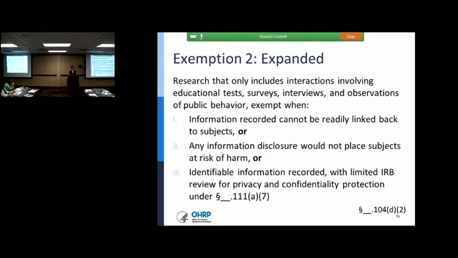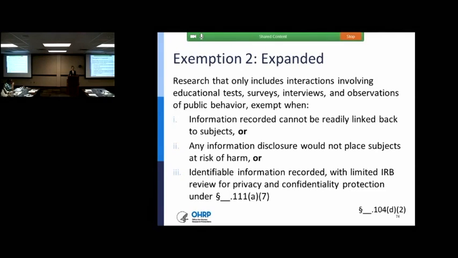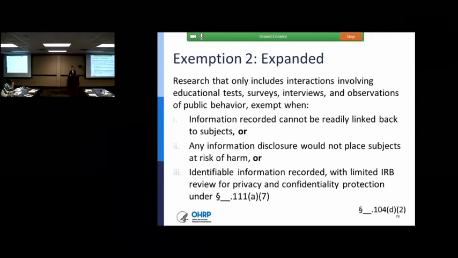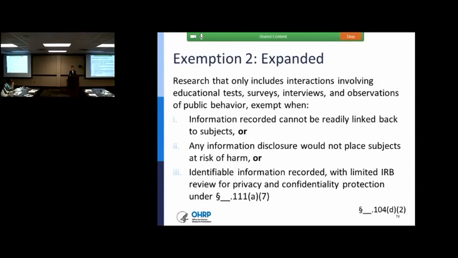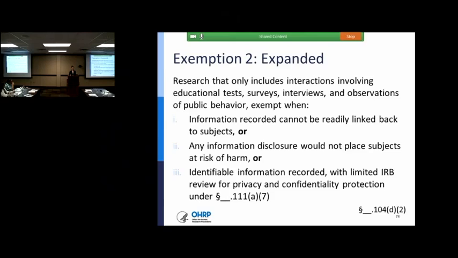So the primary risks here are disclosure of the information. If you either can't identify the subjects, or if they're identifiable but the information you're gathering is not particularly risky or potentially harmful, then these are pretty low risks. And so they're exempt as they currently would be.